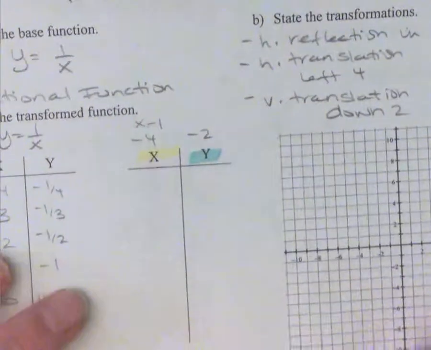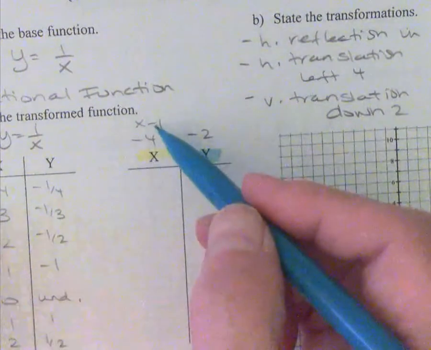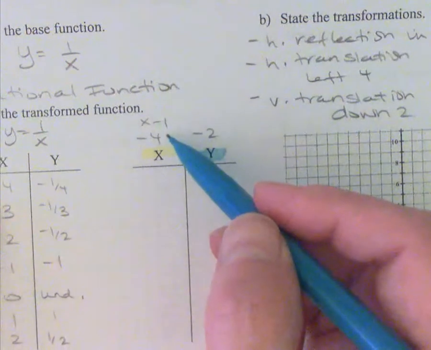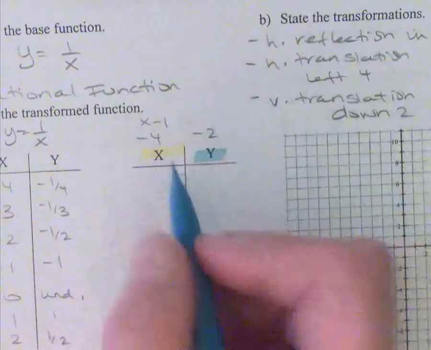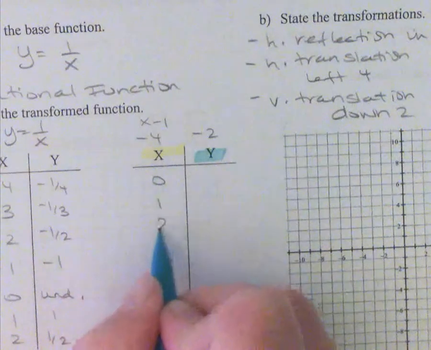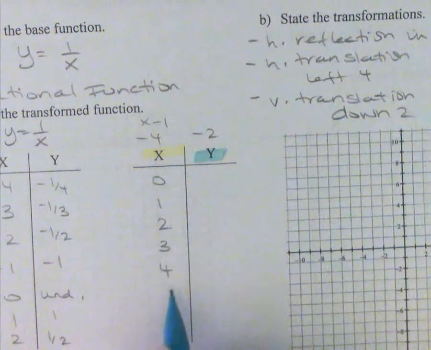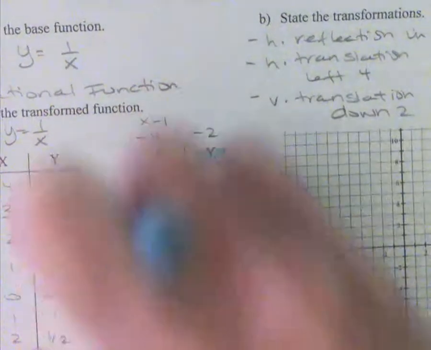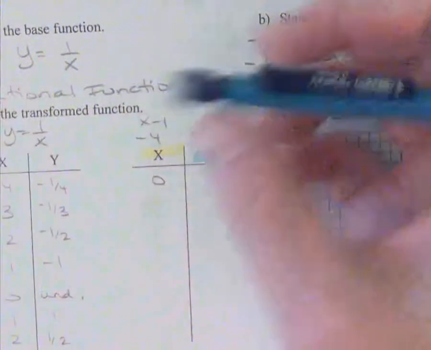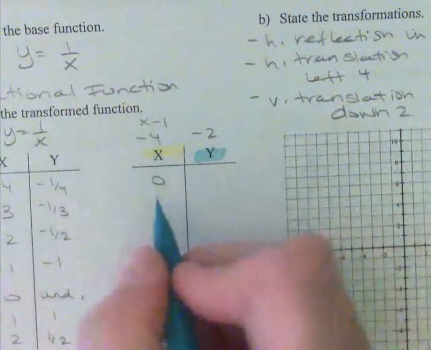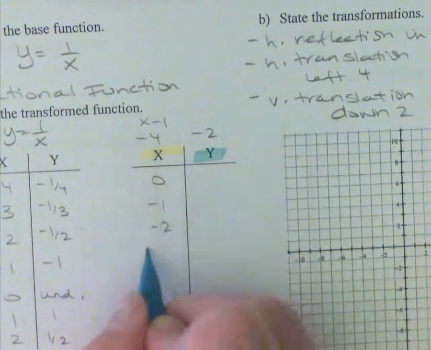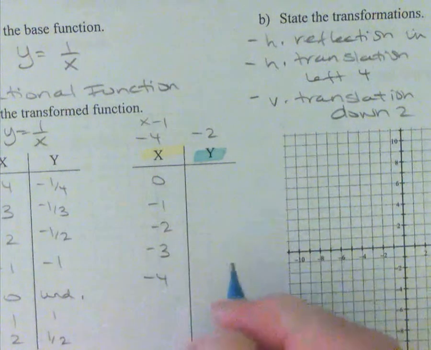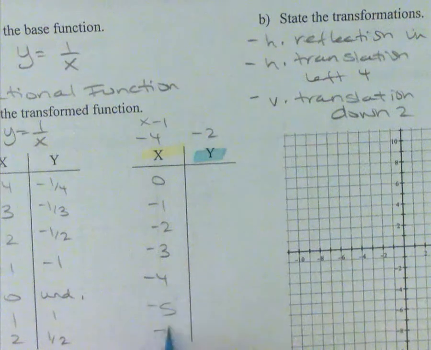So let's look at what our new graph is going to look like. So I'm going to multiply everything in the x column by negative 1 and subtract 4. Sorry. I'm going to get 0, minus 1, minus 2, minus 3, minus 4, minus 5, minus 6, minus 7, minus 8.